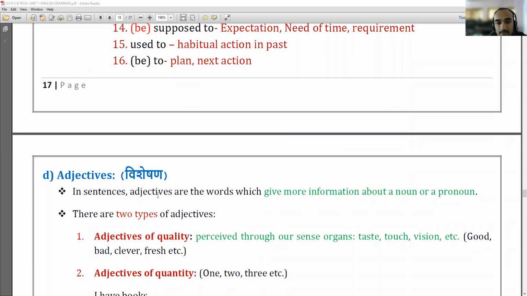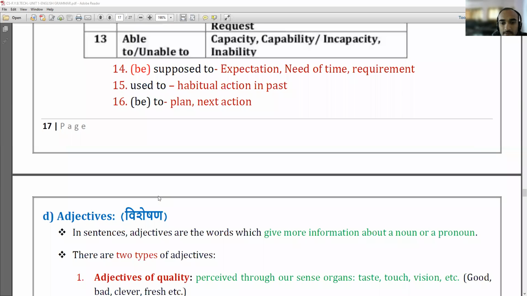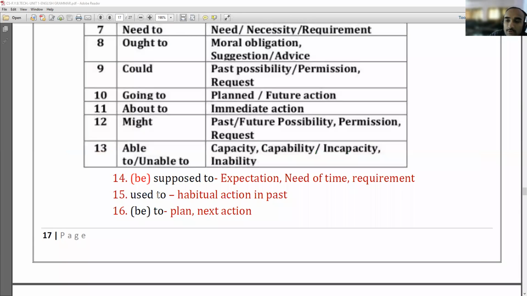So today's lecture we are going to start with adjectives. Can anybody tell me the definition of adjective from your class? What's the adjective? How to define it? In a sentence, adjectives are the words which give more information about a noun or pronoun. Yes, very correct. So she has given a correct definition.